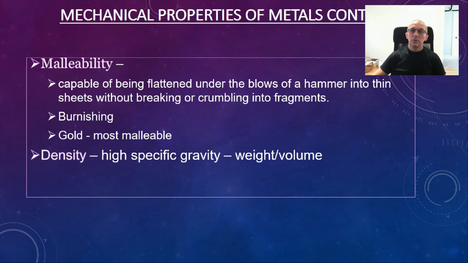So it also means that when you compare it to water, it's heavier. So if water is 1, let's say a dental alloy is 13, so you have 13 times the mass of water.